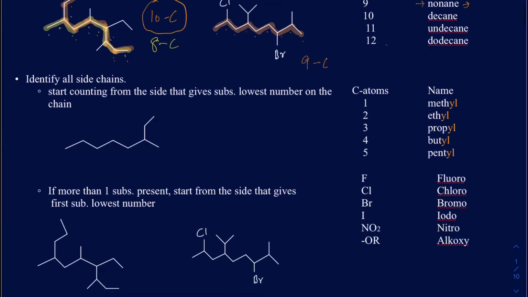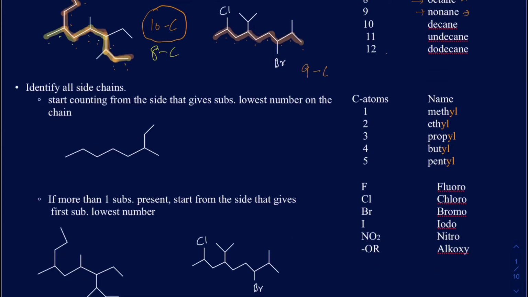So we did figure out the longest chain in this particular one. So that was the longest chain. All right. Now, when it comes to counting, either you can count it from one end or you can count it from the other end. So you have to be really careful with which end you really pick. So let me give an example in this particular case.